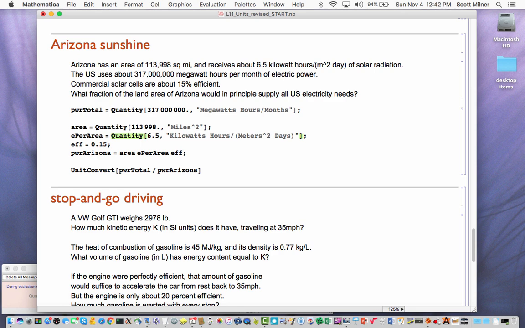So this is a problem in a little estimate in solar power. Arizona, a very sunny state, has an area of 113,000 or so square miles, plenty of wide open space, and receives solar radiation of about 6.5 kilowatt hours, that's an energy unit, per square meter per day. The entire US uses about 317 million megawatt hours per month of electric power.